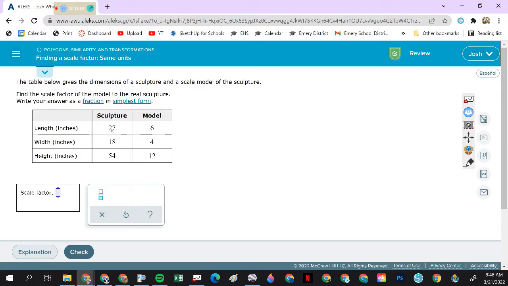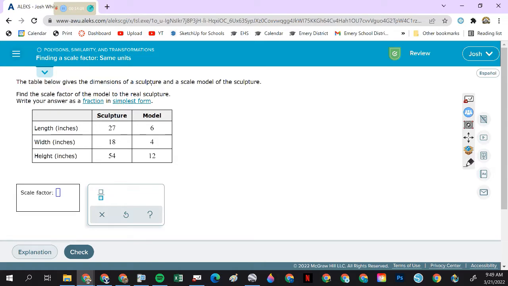So, yeah, is it 6 over 27 or is it 27 over 6? And why is it 6 over 27? This says, find the scale factor of the model to the real structure. So how big is the model compared to the real structure? Well, is the model bigger or smaller?